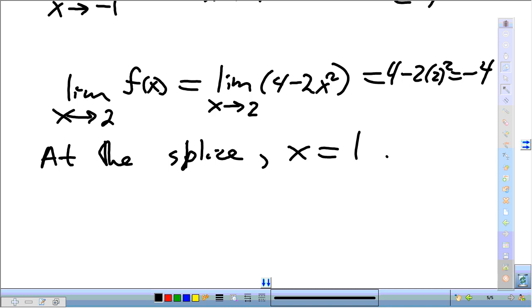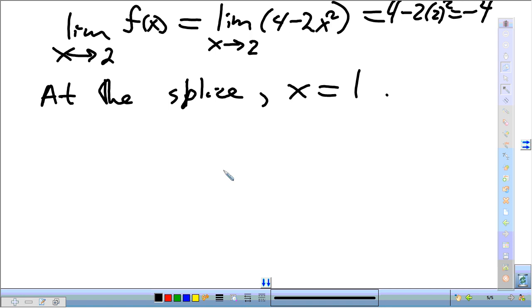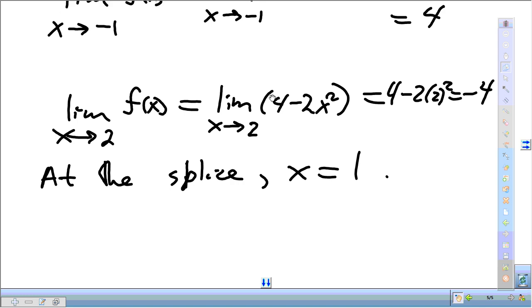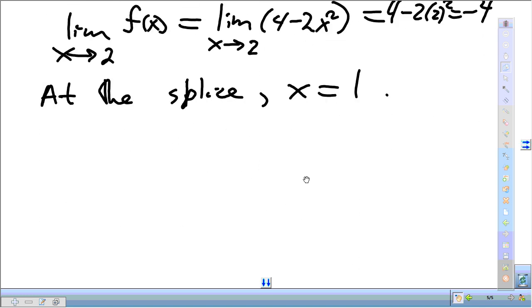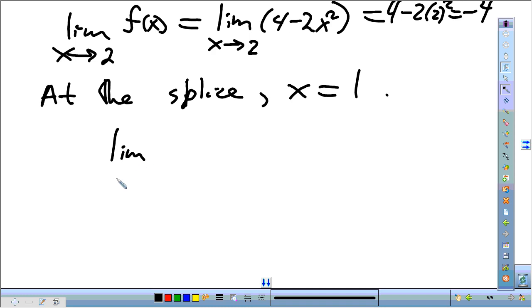So what happens if we look at the splice where x is 1? Near x equal 1, we have to consider both parts. 4 minus 2x squared, if we happen to be bigger than 1, if we happen to be less than 1, it's 3x plus 7. So we'll look at a left and a right limit.